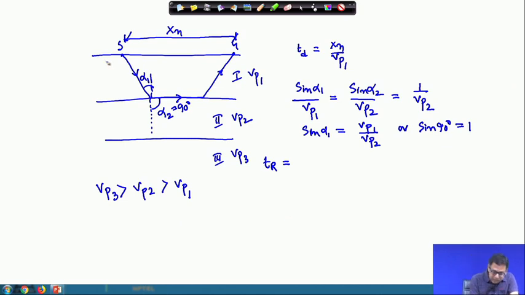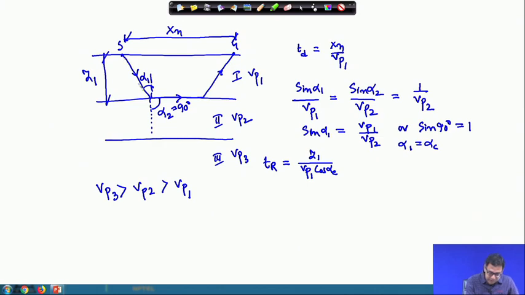Suppose this thickness is Z1. So this will be Z1 divided by VP1 cos alpha c, because as alpha 2 is 90 degrees, alpha 1 is equal to alpha critical. How are we getting that?